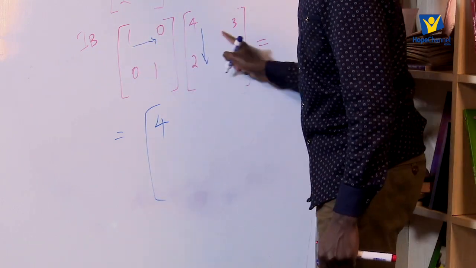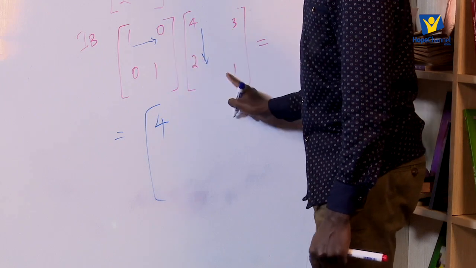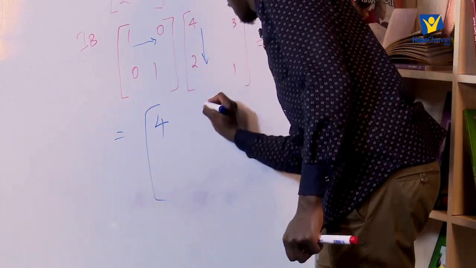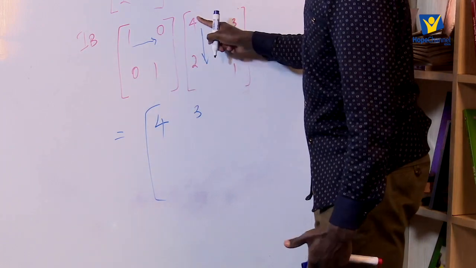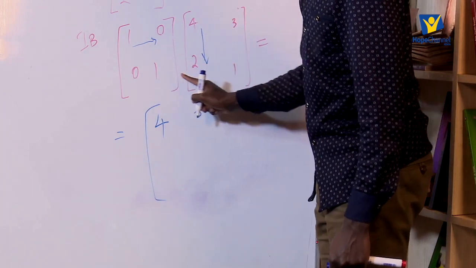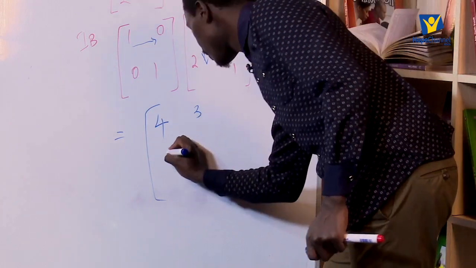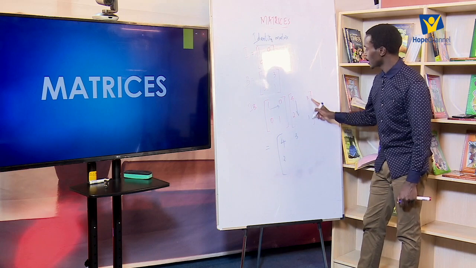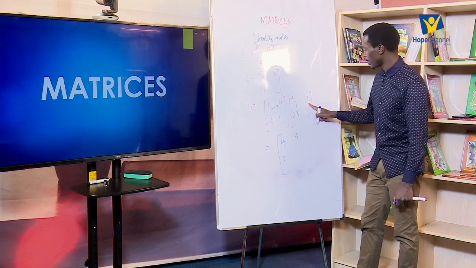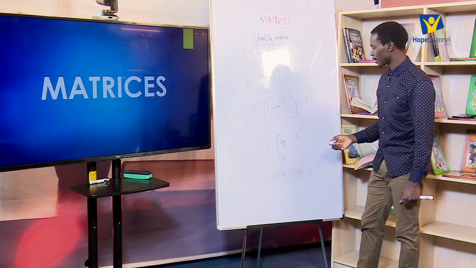So 1 times 3 gives us 3, then 0 times 1 is 0, so that gives us a 3. And then we have 0 times 4 is 0 plus 1 times 2 is 2, so we have 2 right there. And then the second row against the second column: 0 times 3 is 0 plus 1 times 1, which gives us 1.